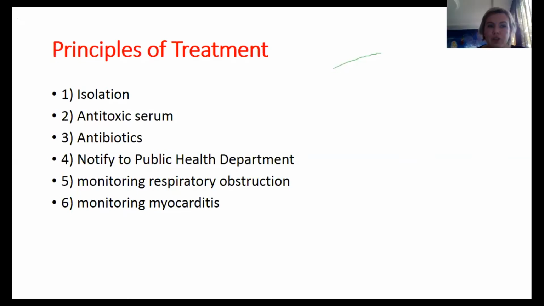After that, when you have introduced antitoxic serum, you should administer antibiotics, such as the penicillin group, macrolides, maybe cephalosporins. Of course, you should notify the public health department because this is a vaccine-preventable disease. Next, because this is a toxinemic infection, you should monitor for respiratory obstruction and myocarditis.